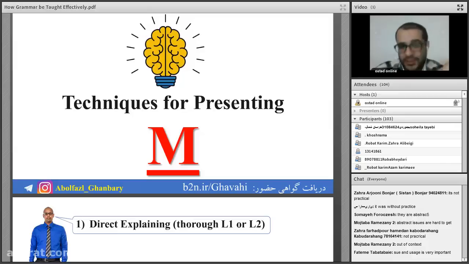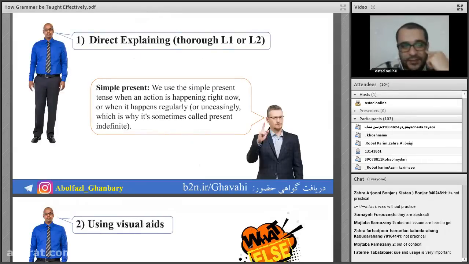Let me start with techniques for presenting meaning. The first one is explanation, as I told you. Explanation could be through L1 or through L2. For example, the teacher says, simple present is a verb.